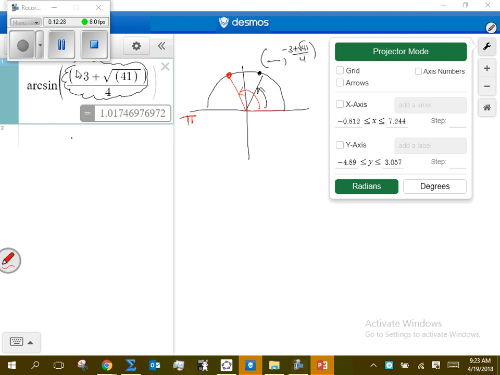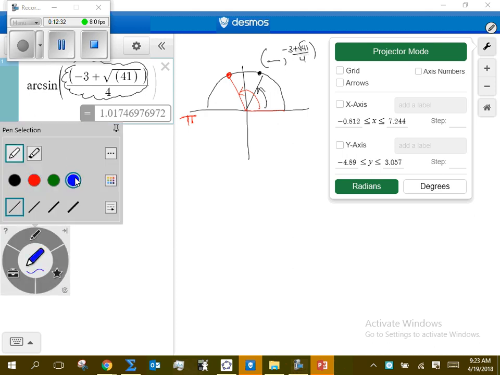Well, I know that's pi, right? Okay. Can I take pi and remove from it that blue angle? And isn't that blue angle the same thing as that angle?